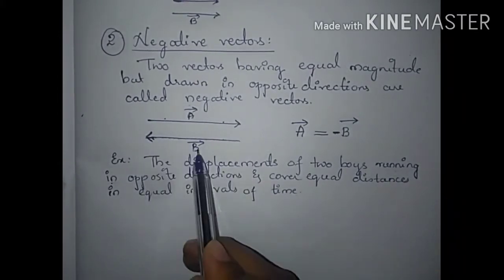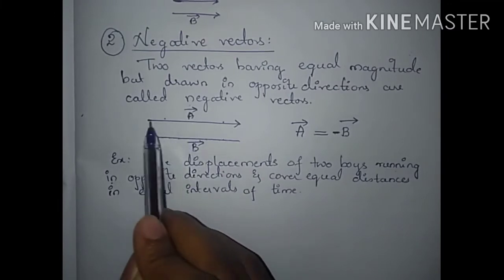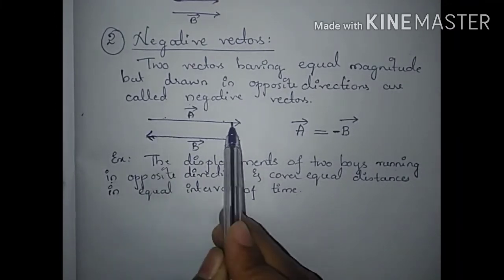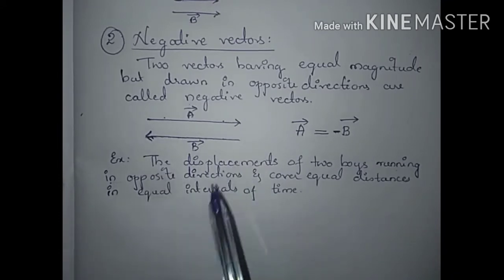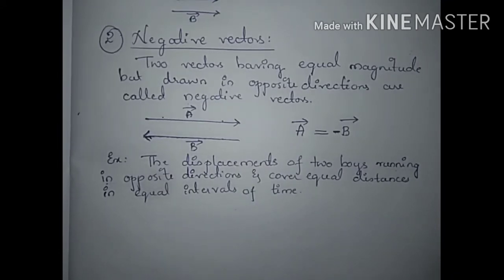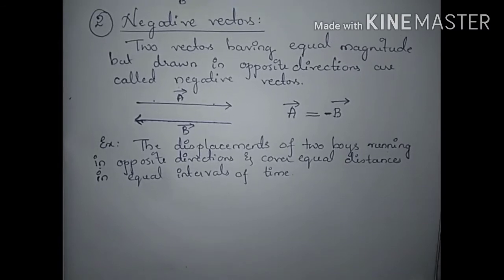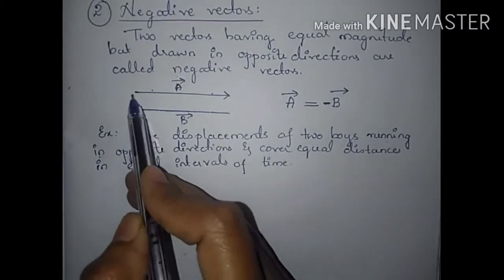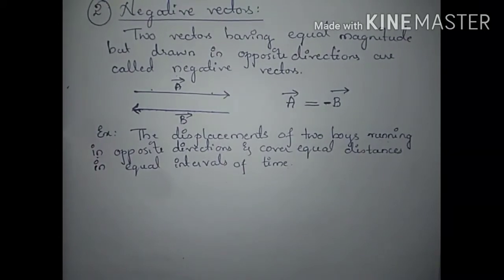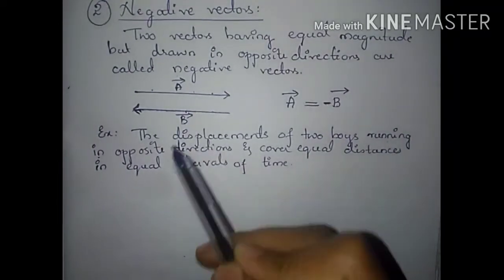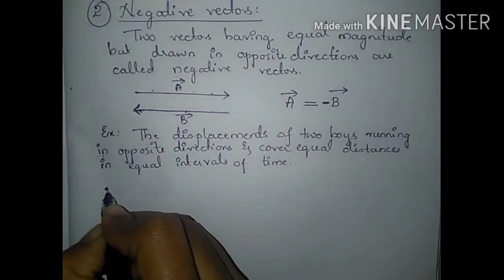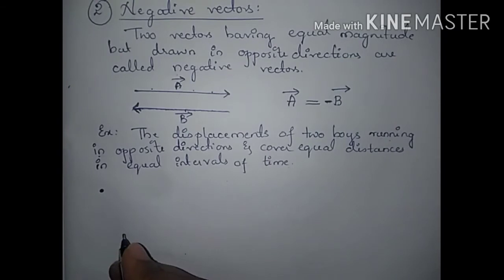The boy B is running opposite in direction to the boy A. So these two boys are covering equal magnitude. The length of the vector gives what? That gives the magnitude of the vector. So these two boys are covering equal magnitude but their direction is opposite to the direction of the other person. So these two are negative vectors. Now the angle between negative vectors is what? 180 degree.